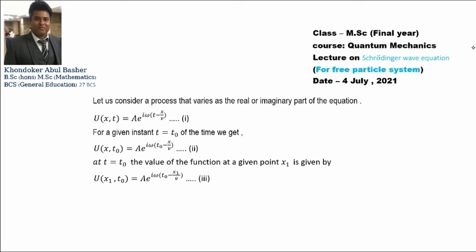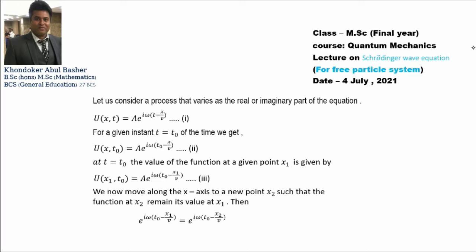Dear students, see that between equation 2 and equation 3 there is a simple difference: x has been replaced by x1, and except for that there is no other difference between equation 2 and equation 3. So proceed on.